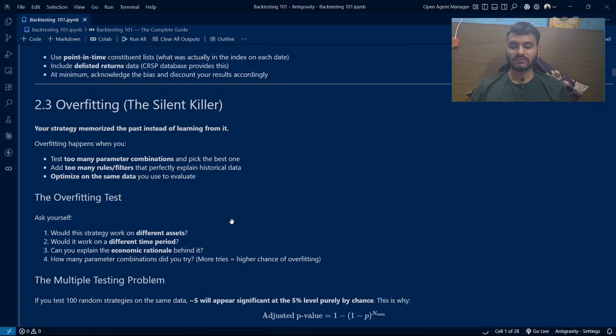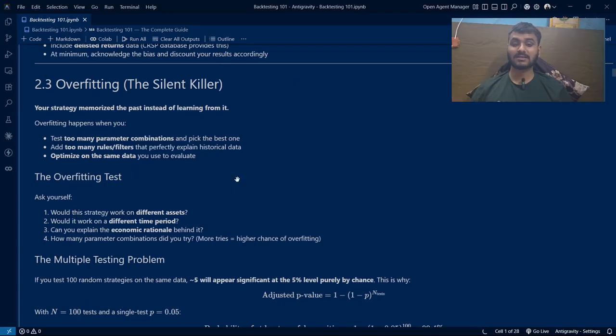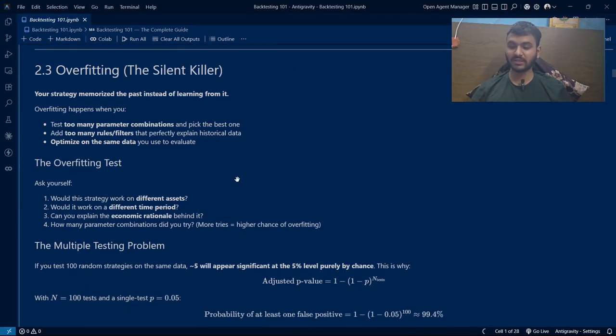Now let's talk about overfitting. Your strategy memorizes the past instead of learning from it. Overfitting happens when you test too many parameter combinations, specifically grid searches and hyperparameter optimization, and choose the one that yielded the best results. Let me give you an example. Let's say SMA 21 over 36 yielded the most returns in the past 20 years.